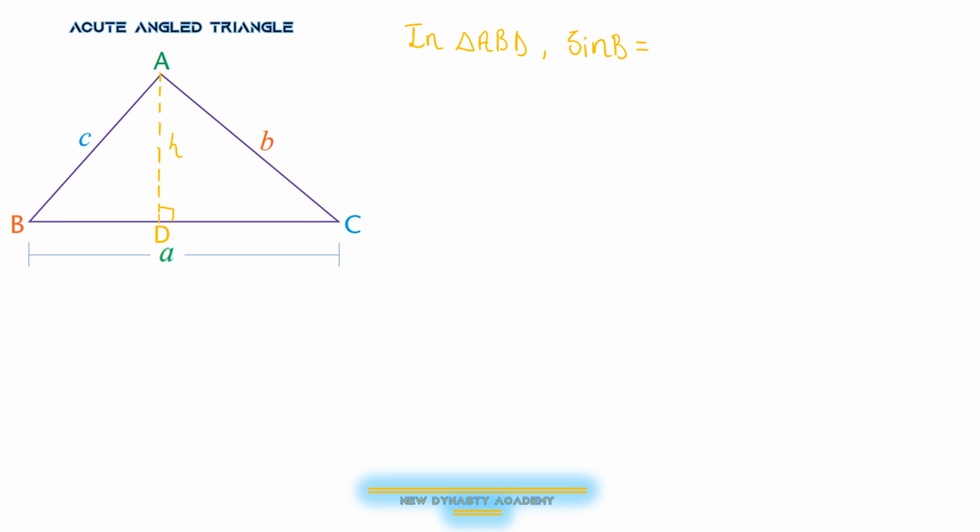So I'm going to use angle B, and the side that is opposite angle B is side h. So that is going to be h over the hypotenuse. We know that the hypotenuse is always opposite the right angle, and our right angle is at D there, which means the hypotenuse is side c. So sine B is equal to h over c.